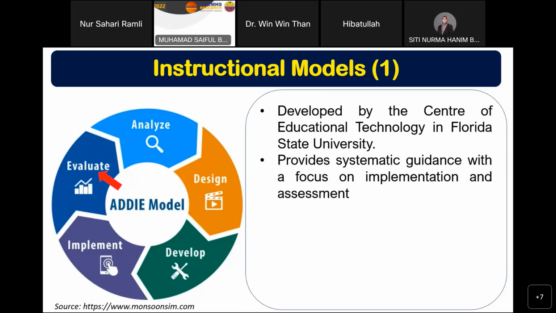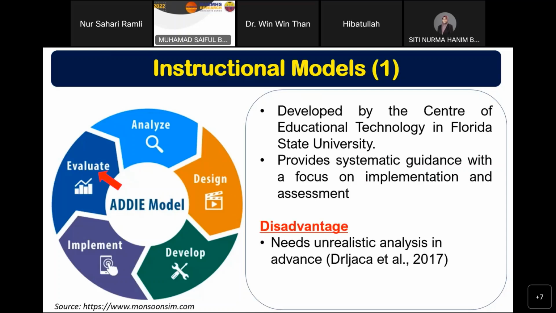However, despite being popularly used, it is also recognized for having quite a few disadvantages. The first one is the fact that it needs unrealistic or extensive analysis in advance, and that has been addressed by a study in 2017.